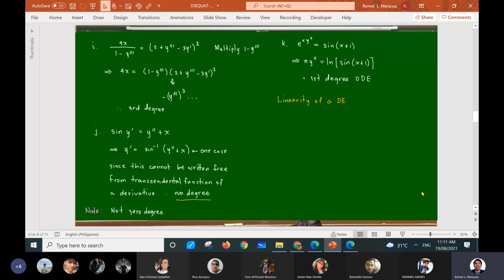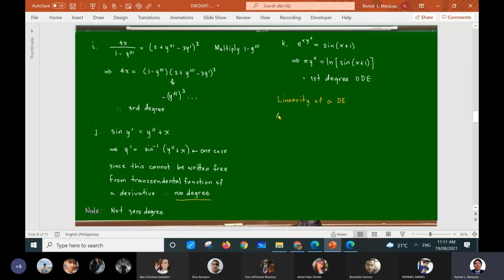But it doesn't mean that if it is first degree, it is already linear. There are also first degree equations that are not linear. But to be linear, it must be first degree. Not all first degree differential equations are linear, but those that are candidates for linearity are those that are first degree. Okay, guys? So let's see what we can say about linearity of a differential equation.